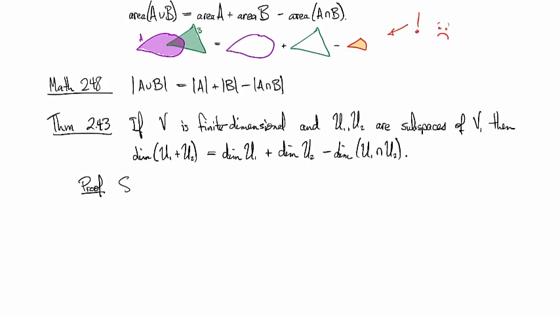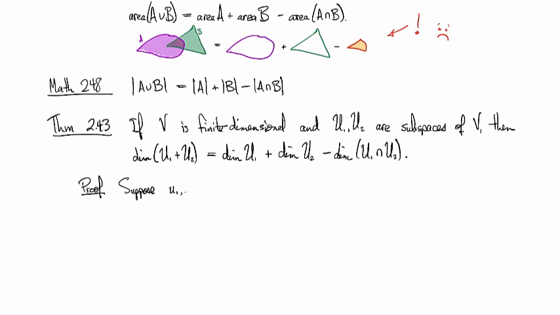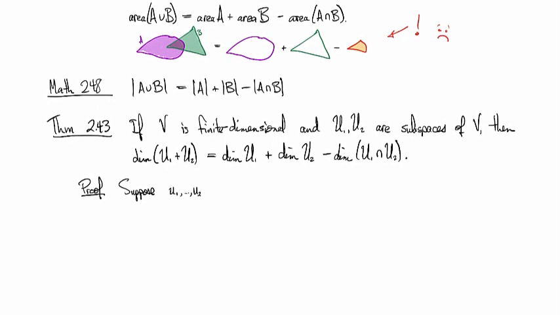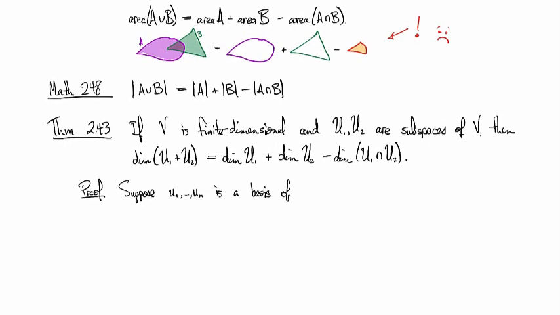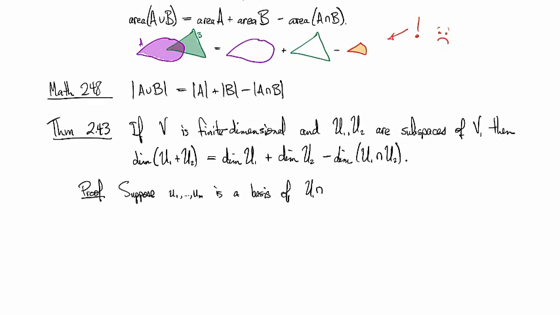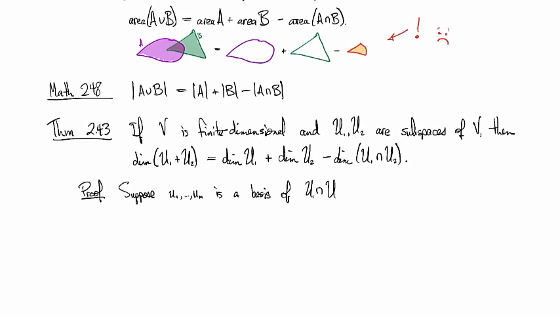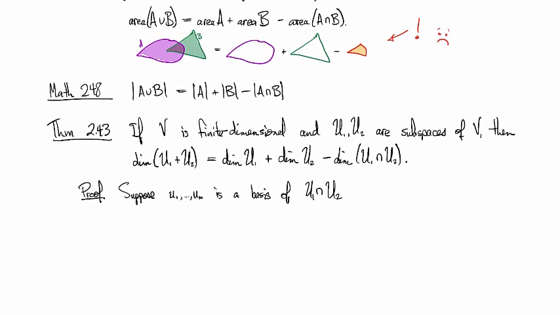So here's the idea. Suppose that you've got a basis of the intersection. So this is the smallest part, right? So suppose u1 through um is a basis of the subspace which is common to both.